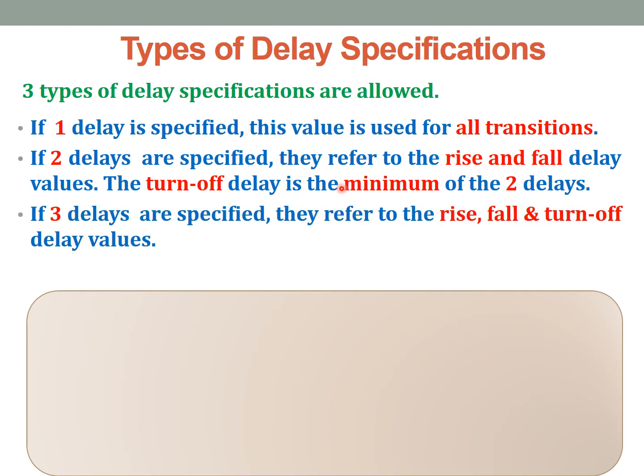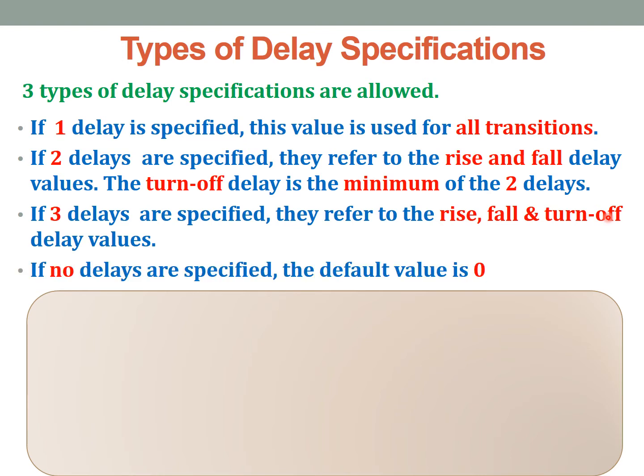In the third method, if three delays are specified, each of those numbers will refer to the rise delay, fall delay and the turn off delay respectively. In case no delay is specified, then the default value for all three delays, the rise delay, fall delay and turn off delay, would be 0.